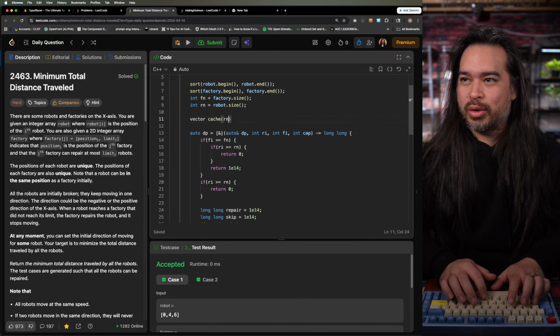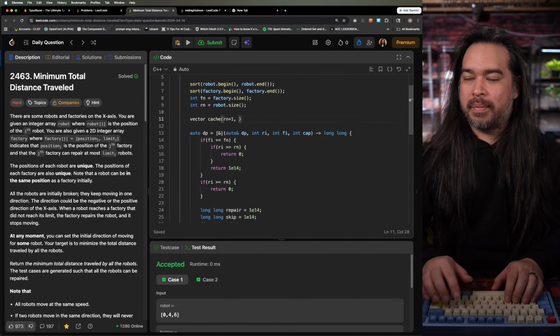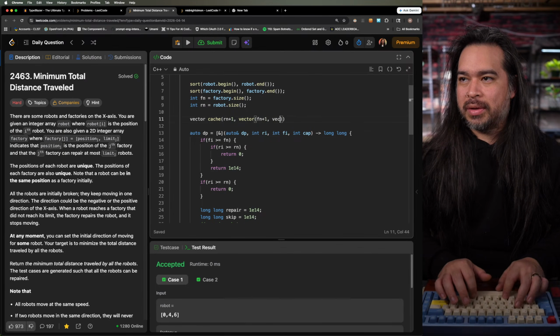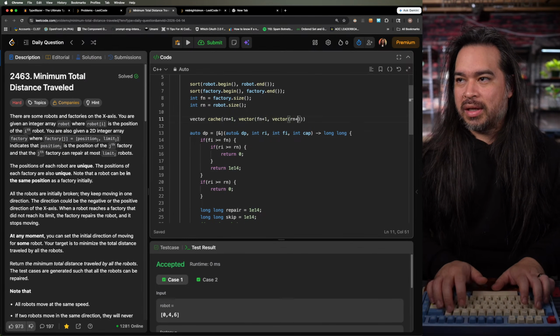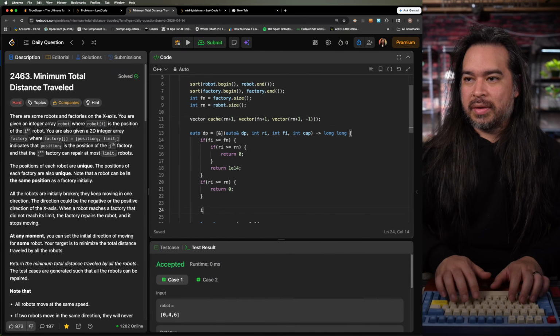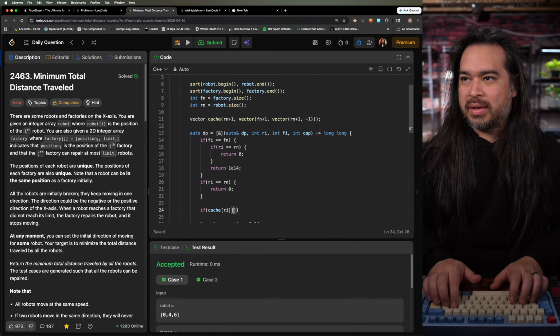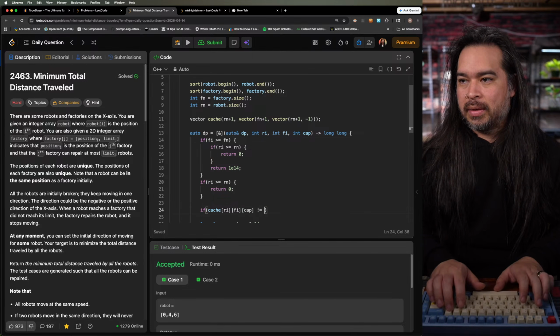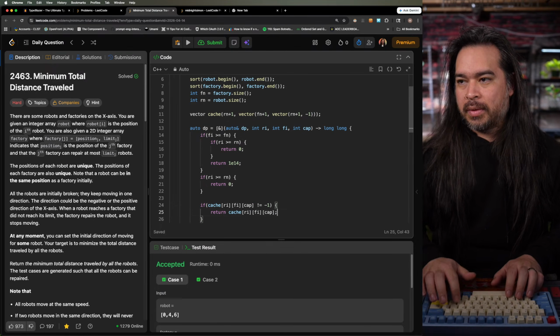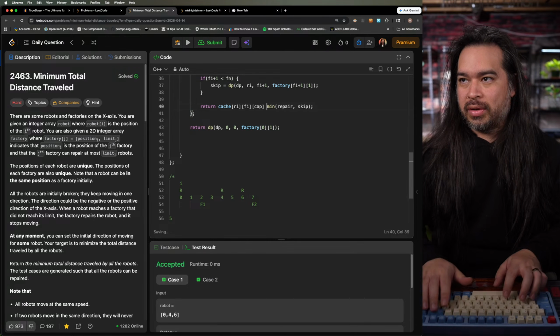No. I'll use robot size + 1, factory size + 1, and then robot size + 1 again. Let's see if that cache works. So robot size, factory size, and then robot size again. If we've seen that result, then we should return it. Otherwise, we should process it.